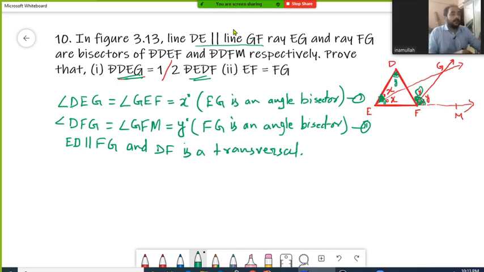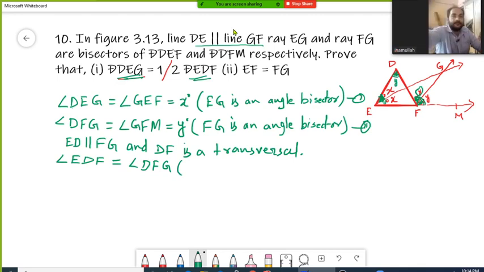If DF is a transversal, then I can say angle EDF, I'm talking about this angle, angle EDF is equal with angle DFG, because they are alternate angles made between two parallel lines by a transversal.